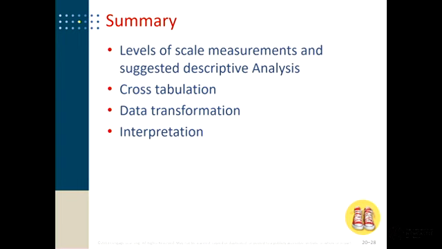You understand that we are in week 6, so we are almost halfway through our semester, isn't it? From the next class onwards, we will be learning statistical techniques, because the descriptive analysis that we have discussed so far is not a statistical test.